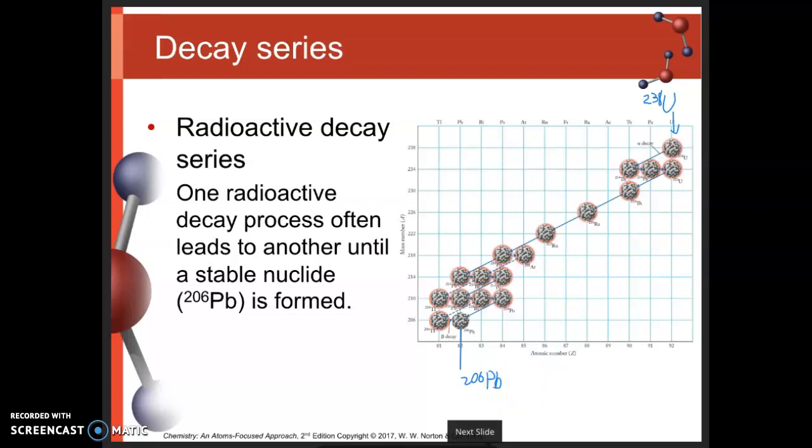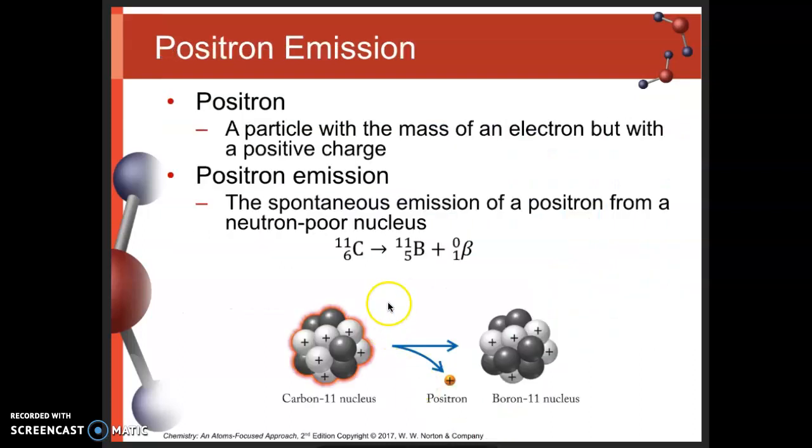Now let's take a look at a couple of other types of decay. So positron. Now positrons are also sometimes referred to as beta emissions. And the difference there is that a positron is a +1 charge instead of a -1 charge. And so what's going on here is we get a proton turning into a neutron.